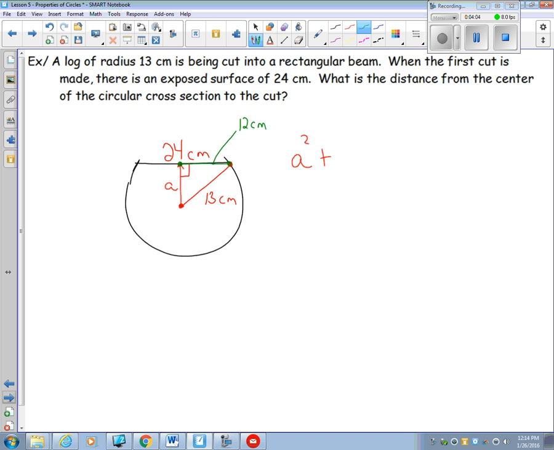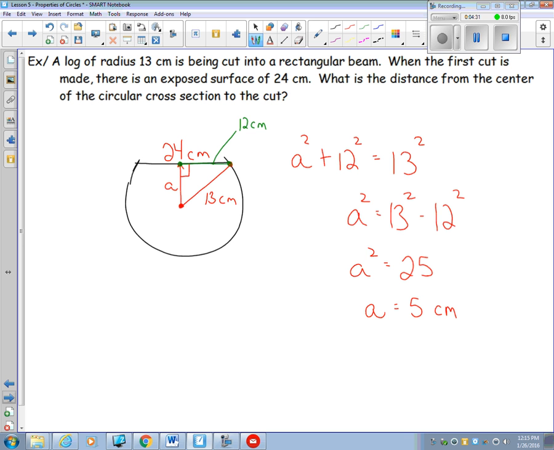It's 12 centimeters, so plus 12 squared equals 13 squared. To solve it, numbers on one side, letters on the other. So we'll rearrange 13 squared minus 12 squared. I put that in my calculator the way it looks. I get a squared is 25. When I square root that, I get a is 5 centimeters. Here's how we can use Pythagoras inside circles, dealing with chords and diameters and such.